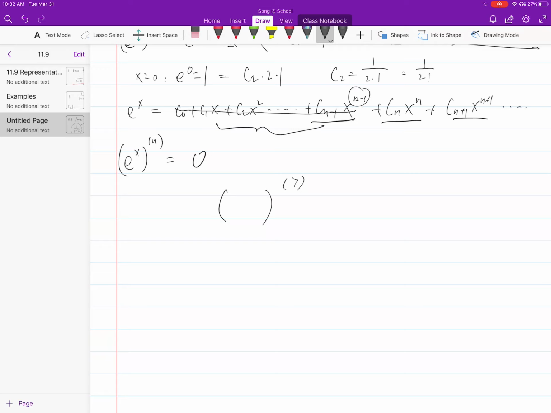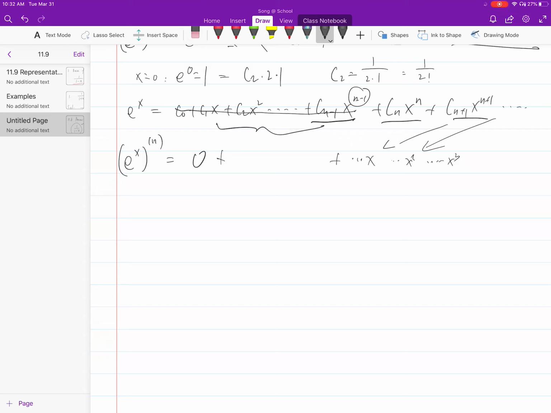What about x to the 8, x to the 9, x to the 10? Well, if you take the derivative 7 times, because these powers are bigger than 7, you're definitely going to have an x left, or maybe an x squared, maybe an x cubed left. So you are going to have some x, some x squared, some x cubed coming from all the terms after this one, because you're bigger than n.